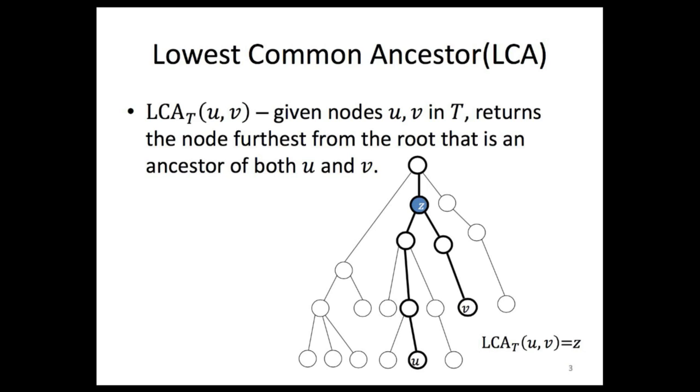So the furthest from the root and is an ancestor for both these nodes. So, LCA of T, T being the graph here. I'm following the terminology which has been used in the paper, so that if you're following along, you can match things together.